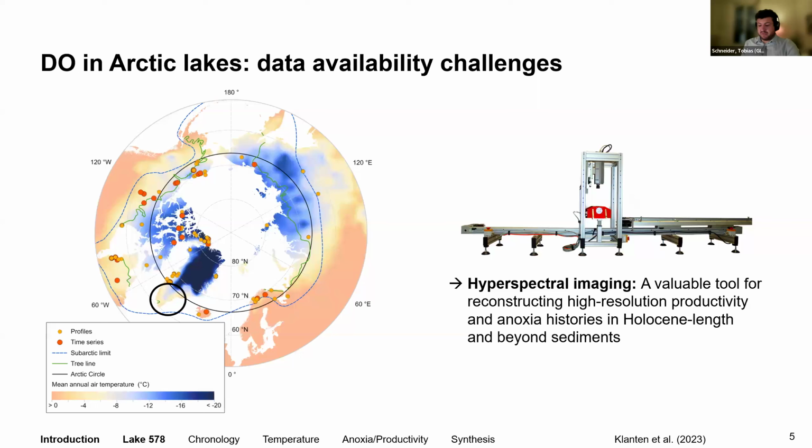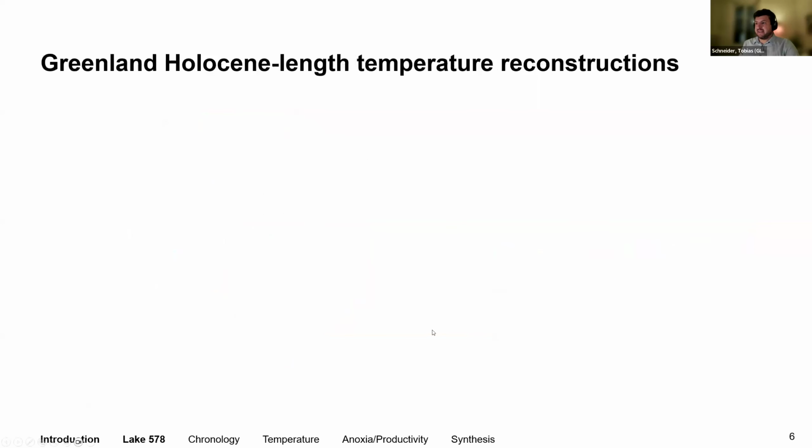And that's what we would use today as a proxy to reconstruct anoxic conditions, as well as productivity of the past. And later, I will talk more about the technique.